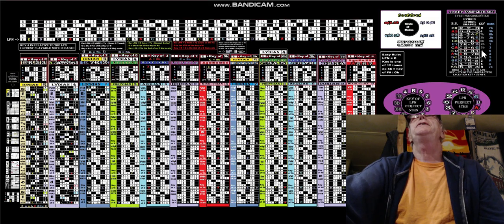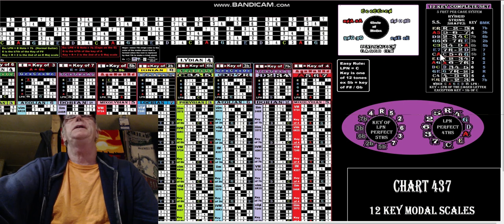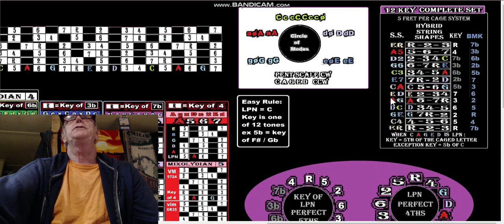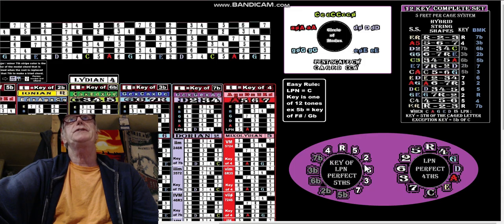Now before we do that, I just want to finish talking about Kiner's Corner up here. I'm going to put me over here a minute, and we're going to zoom in. We talked about the organization of the chart, where we have the lowest playable note in perfect fourths.